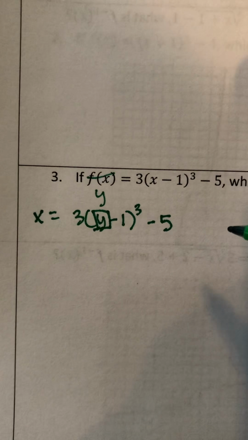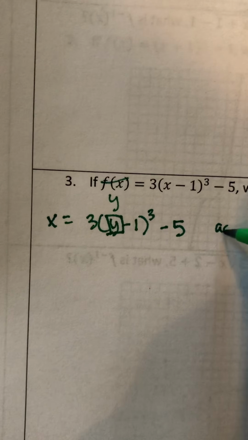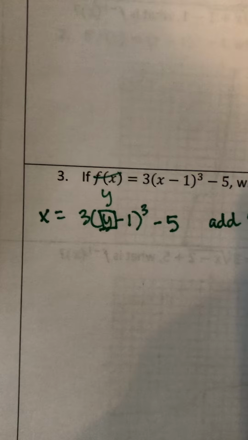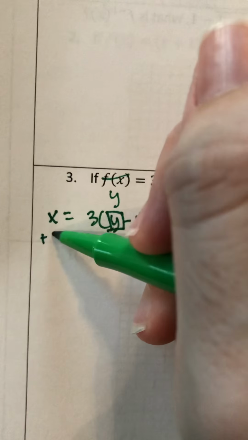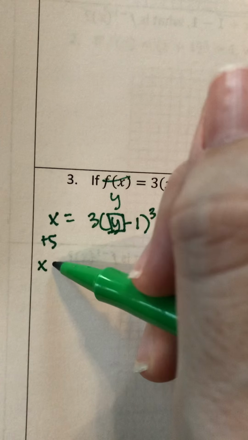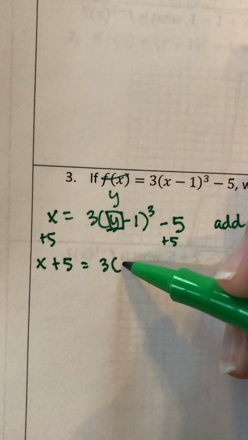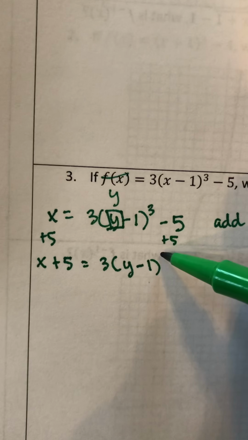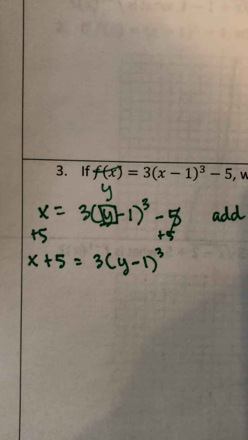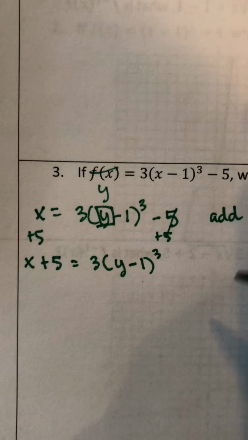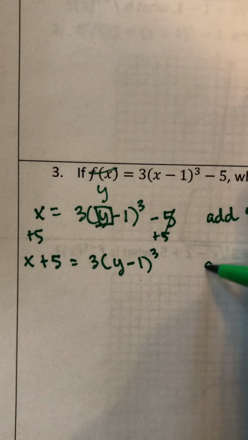So the first thing we'll do is try to isolate this grouping symbol. So we will add 5 to each side. So we're gonna have x plus 5 equals 3 times (y minus 1) to the power of 3, and those 5s should have canceled out. Now we would need to get rid of this 3, so we'll divide both sides by 3.